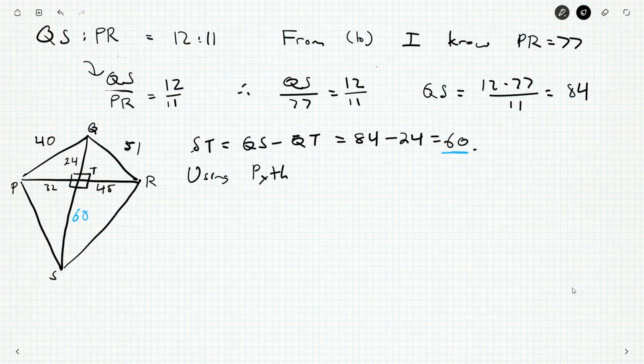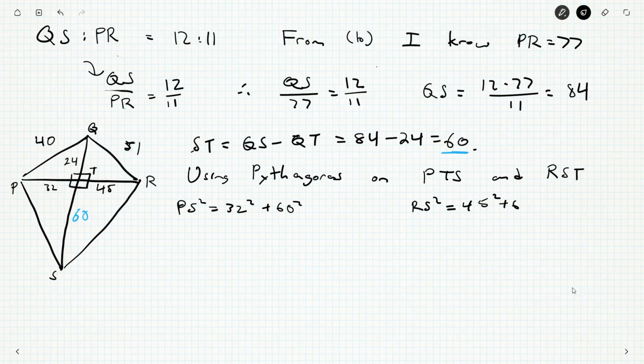And using Pythagoras on PTS and RST, we see PS squared is 32 squared plus 60 squared, and RS squared is 45 squared plus 60 squared.